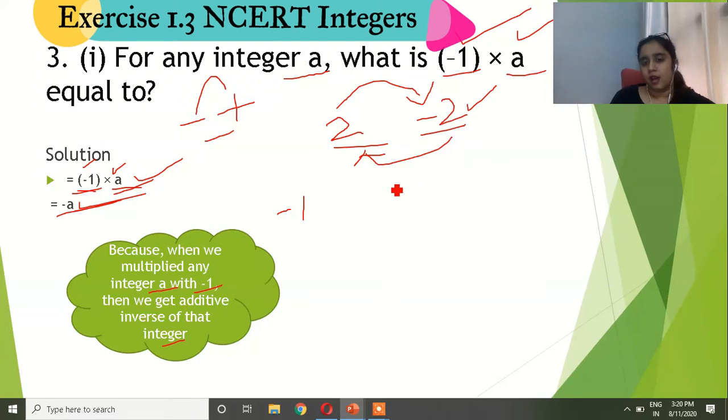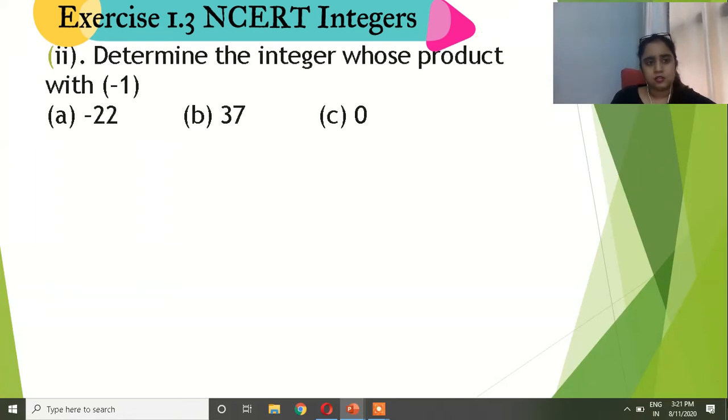What I have done is just multiply 2 by -1, and I got the additive inverse of 2, that is -2. So it's very simple to get the additive inverse, just multiply that number by -1. I have written here that when we multiply any integer a by -1, we get the additive inverse of that integer.